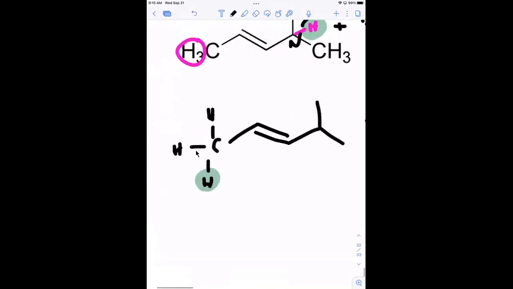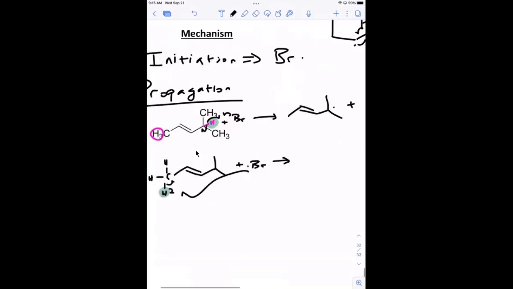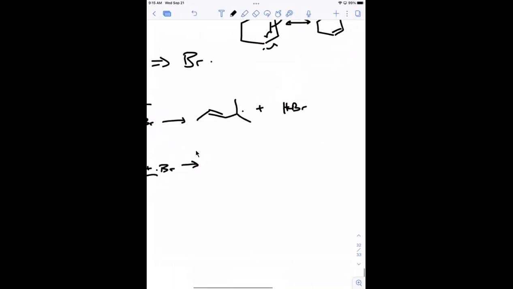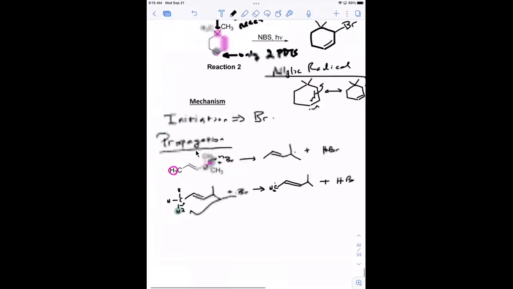So this goes the same way, homolytic cleavage, and then bromine picks up that hydrogen. So we get HBr and a radical right there.